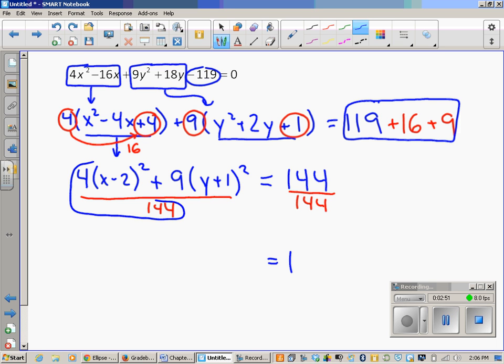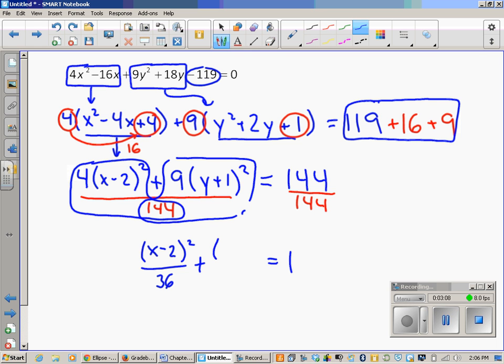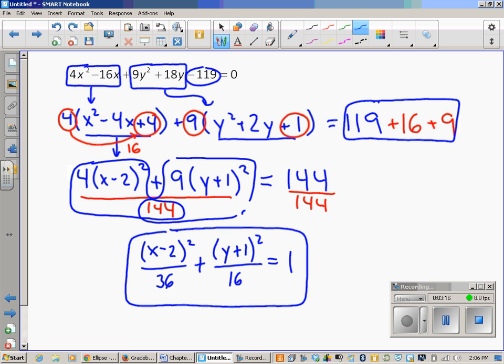If I take this piece and divide it by 144, I'll be left with x minus 2 squared over, and you can verify this, 36 in the denominator, 4 over 144. I also have to divide this term by 144, and I'll have y plus 1 squared over, and again verified, that comes out as 16. So something that looked pretty nasty actually comes out quite nicely when we're done.